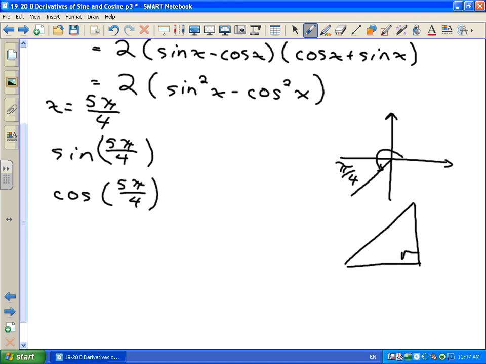Let's just do pi over 4, 1, 1, root 2. And that's a horrible looking triangle. I'll put an arrow. Pi over 4.